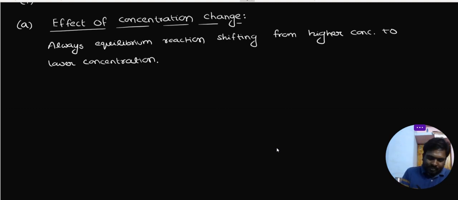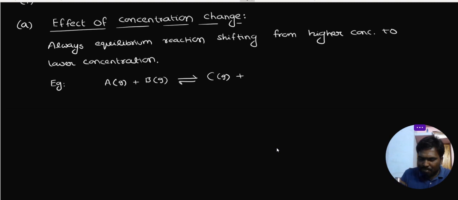Okay. So example, A gas plus B gas giving rise to C gas plus D gas. This is one equilibrium system, equilibrium reaction. Suppose we add either A or B, meaning reactant.